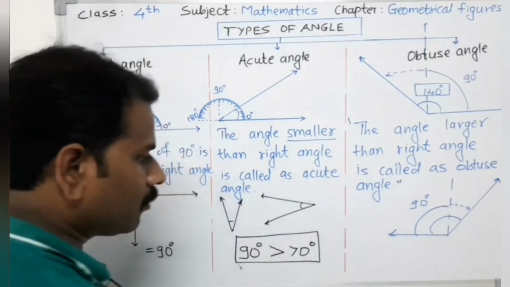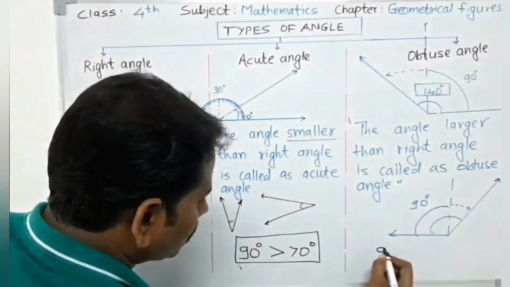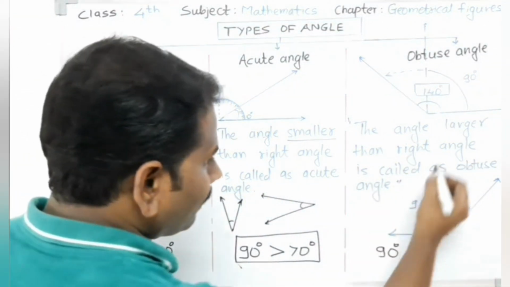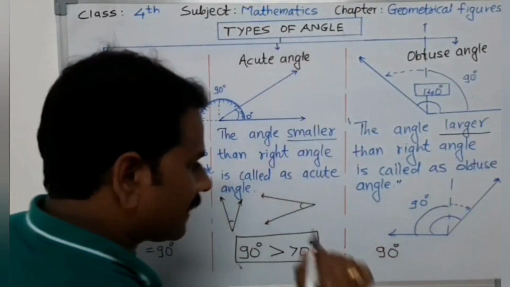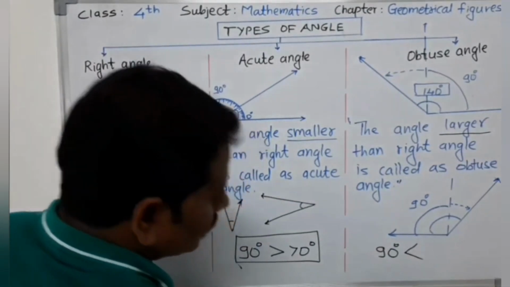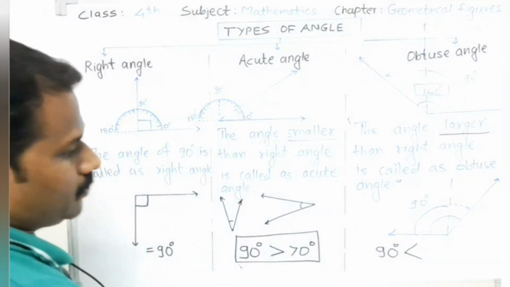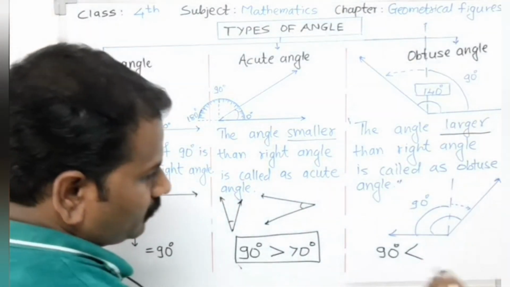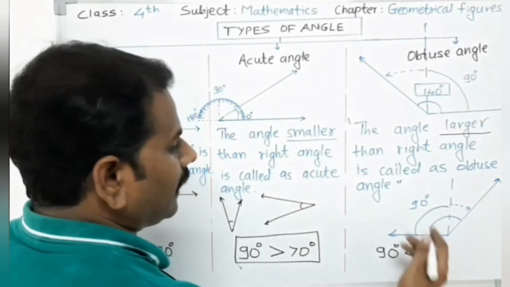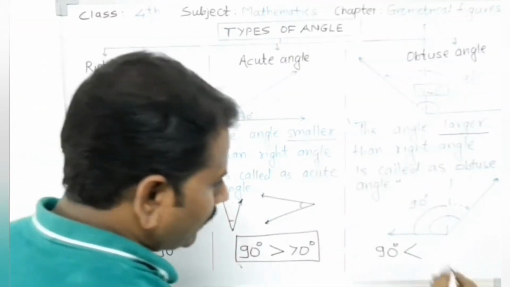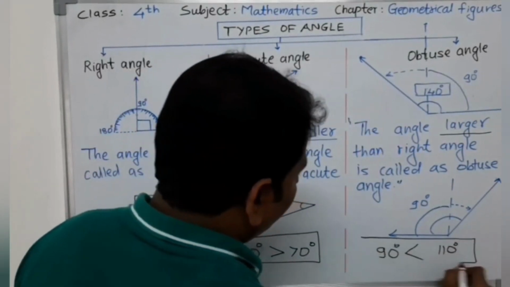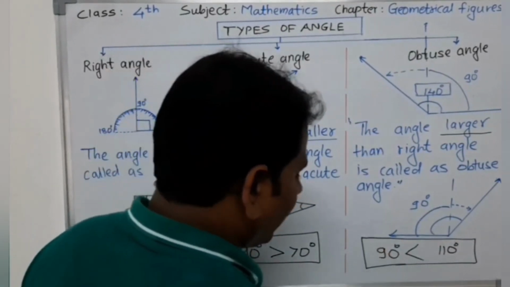And here how to make it? Suppose this is right angle measurement 90 degree and the angle which is larger than right angle. Larger means, so this symbol we use. So angle which is larger than right angle or 90 degree. So what number do I have to take? Either it is 100 or it is 110 or it is 120. Up to 180 you can take.